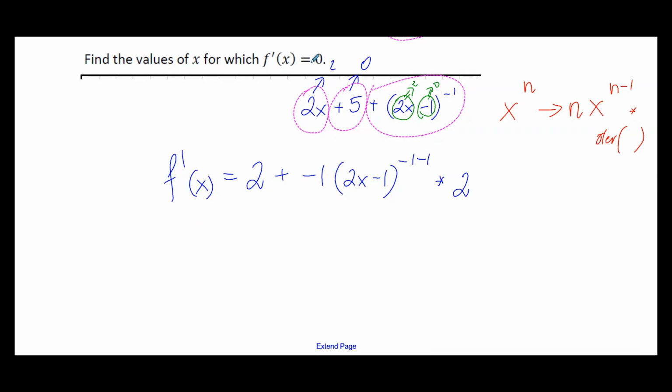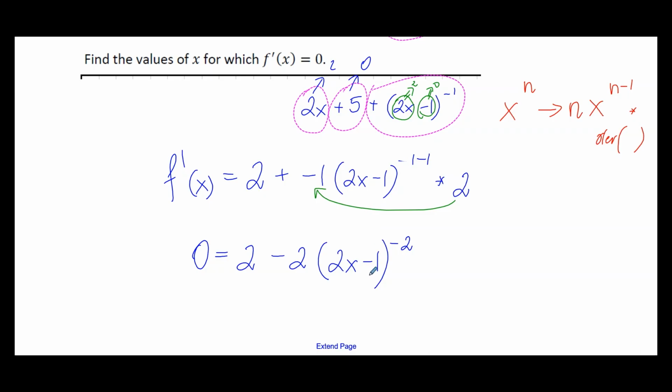The next stage is to equal it to 0, so we can say that straight away. So that will be 2 minus 1, and then 2x. Actually, we can multiply that 2 by minus 1. So we have minus 2 followed by our bracket (2x minus 1) to the power of minus 2.